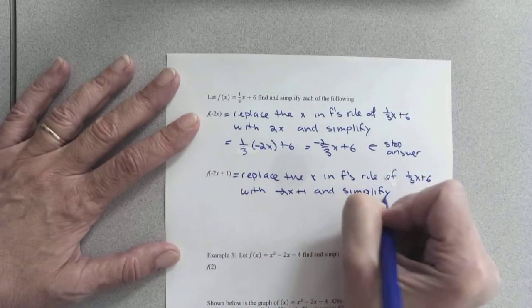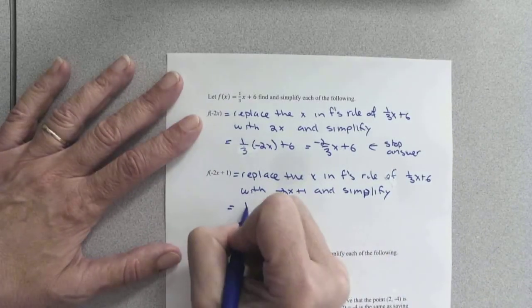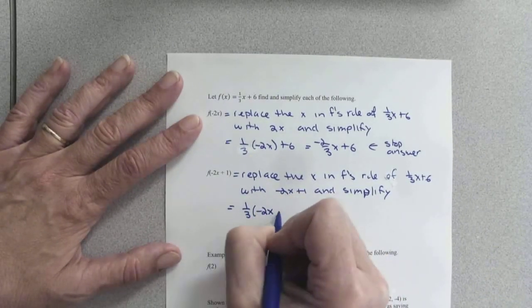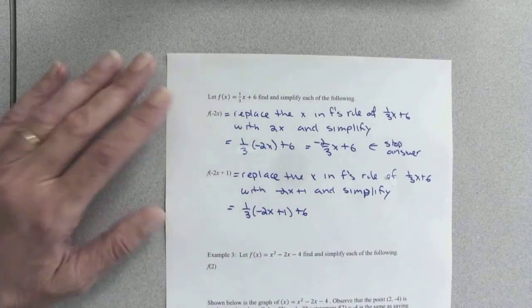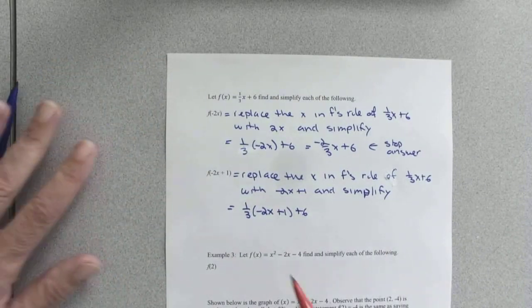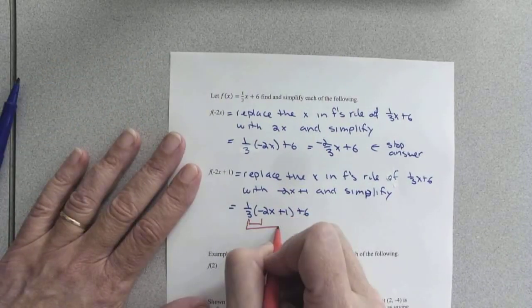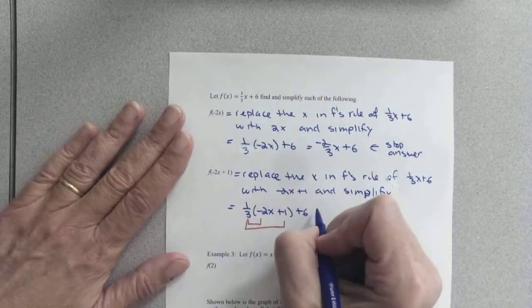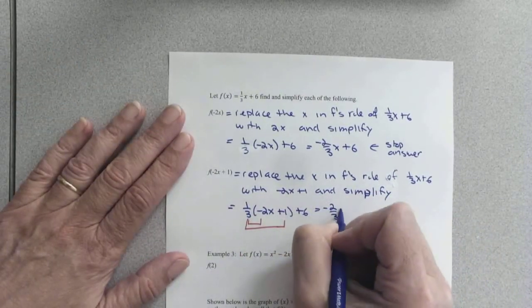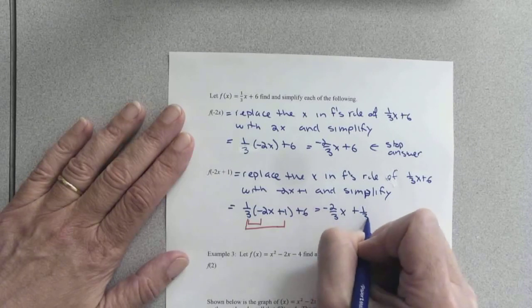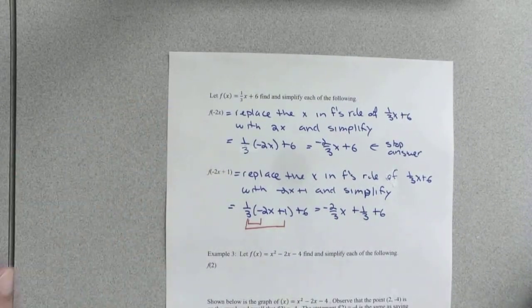Obviously you're not writing all that down, that's what you're thinking. So I've got 1/3 times -2x plus 1, plus 6, and simplify. So I'm going to distribute and get negative 2/3 x plus 1/3 plus 6.